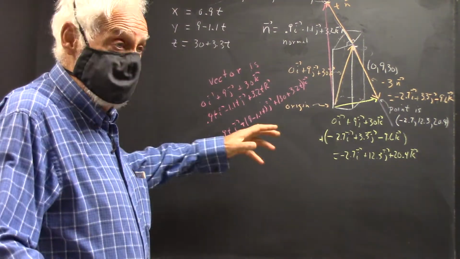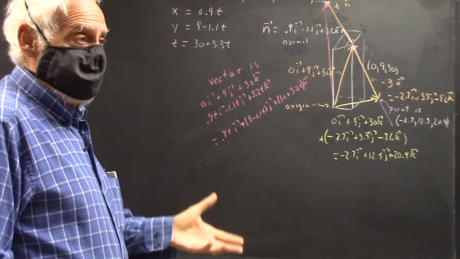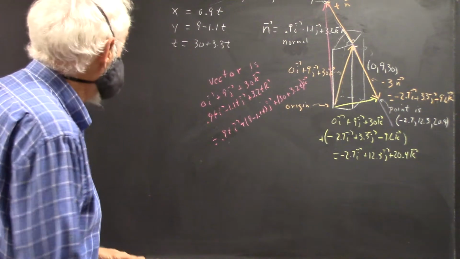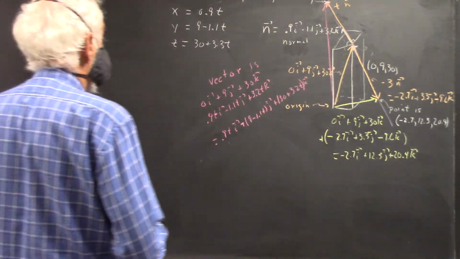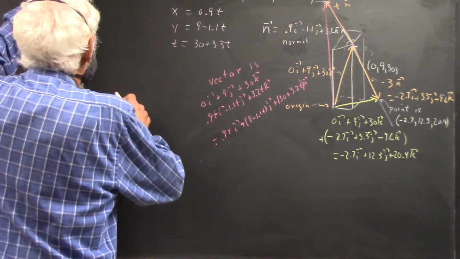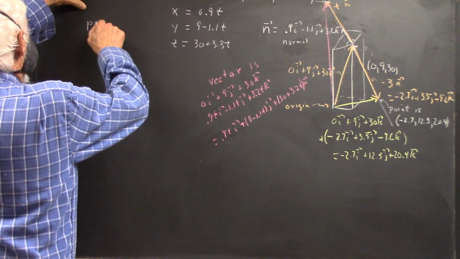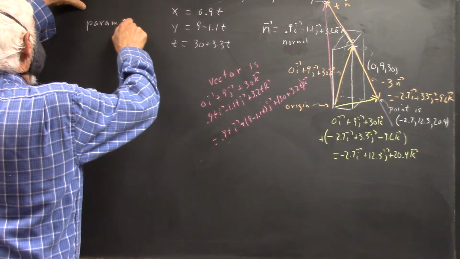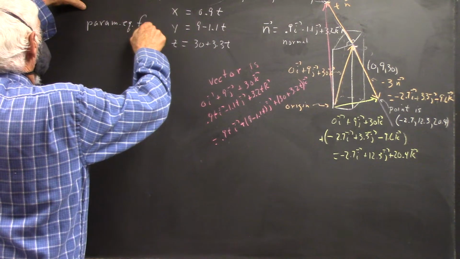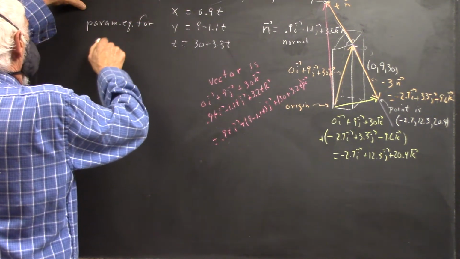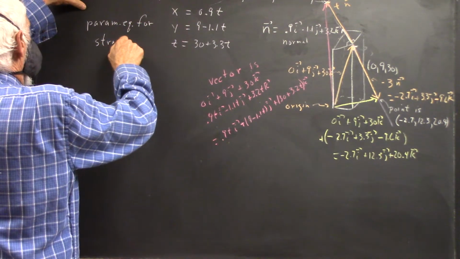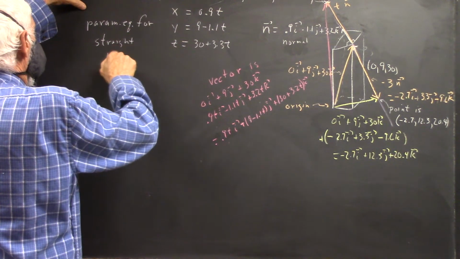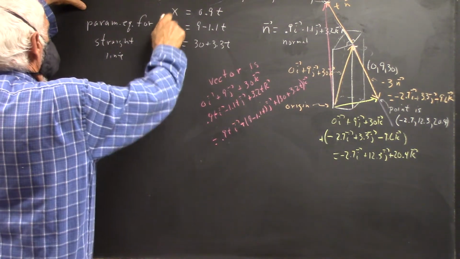You get the whole line, which approaches infinity in both directions for that reason. Okay, so these are your parametric equations for a straight line.